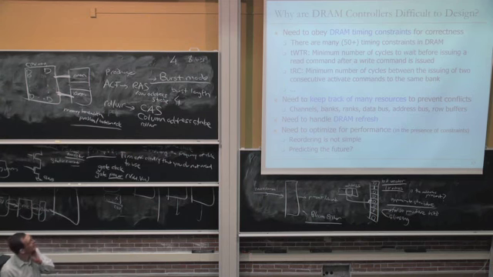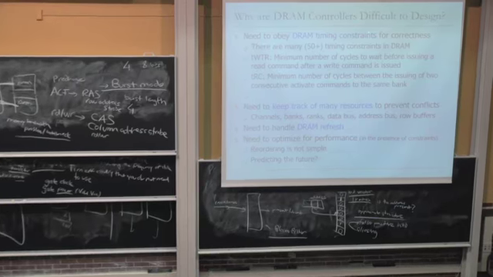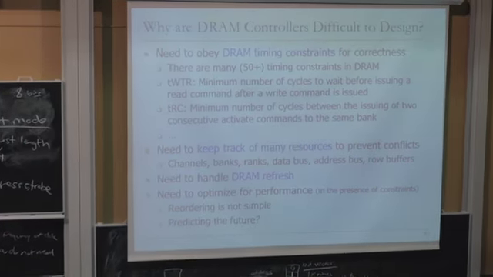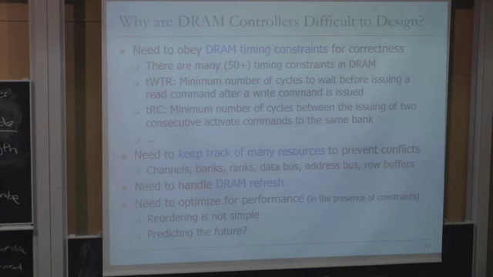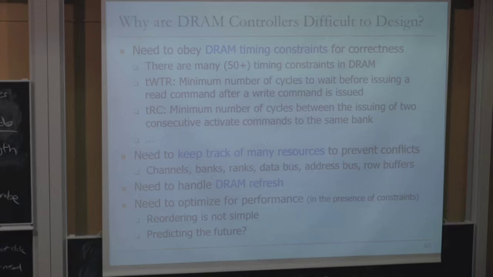Why are these controllers difficult to design? Well, I told you that you need to obey DRAM timing constraints, and I've given you a couple of them. But if you look at a modern DRAM device, there are more than 50 timing constraints that the controller needs to obey. For example, for power reasons, you have a constraint called the four activate window.